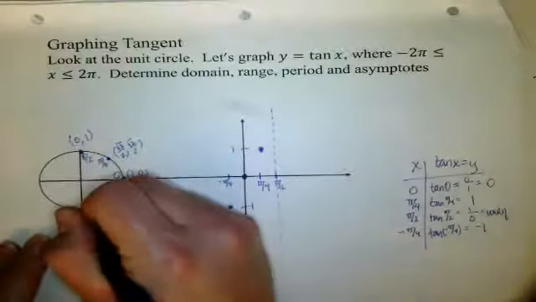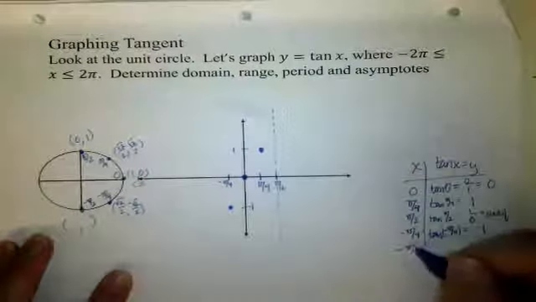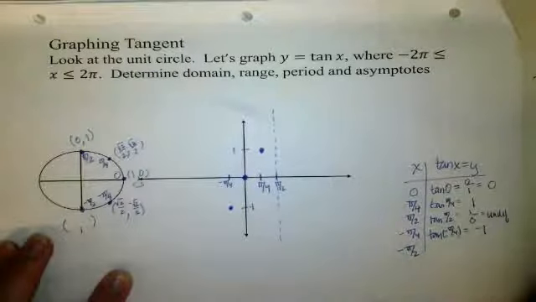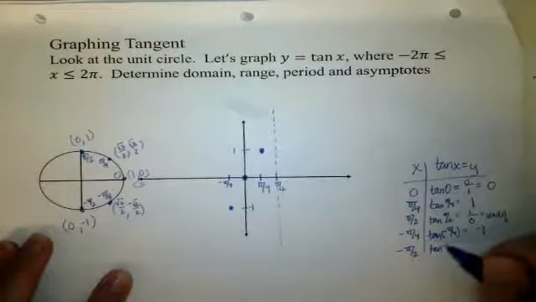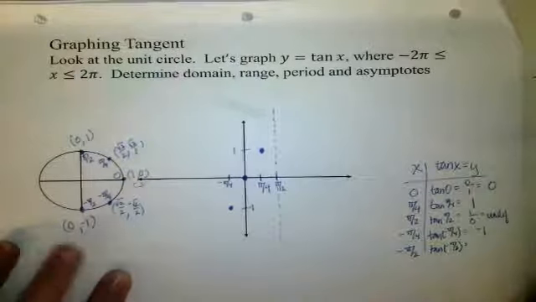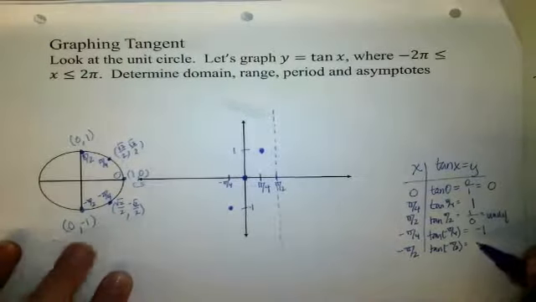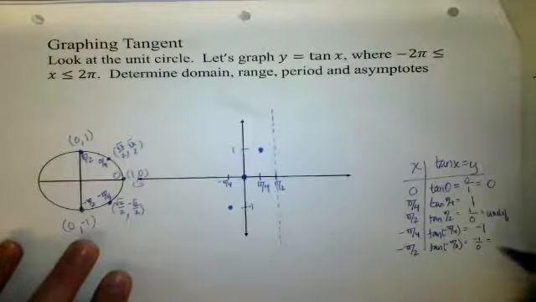Huh. I wonder what happens at negative pi over 2. What's the ordered pair at negative pi over 2? 0, negative 1. And the tangent of negative pi over 2 would be sine over cosine, or y over x. So negative 1 over 0, which is undefined again.